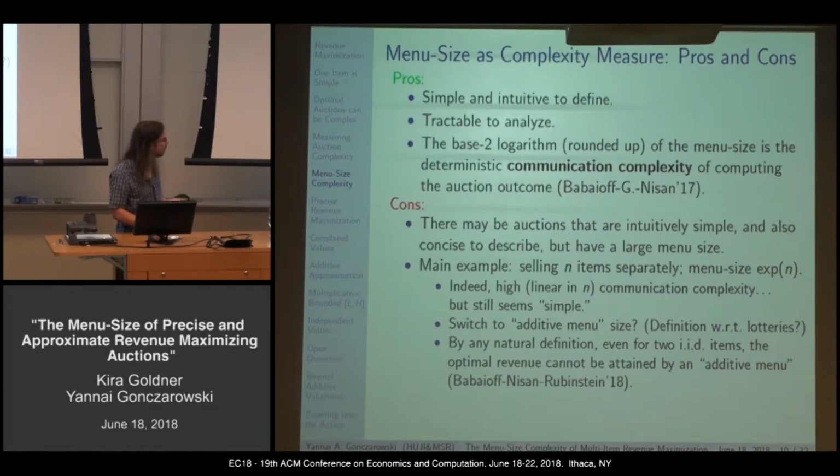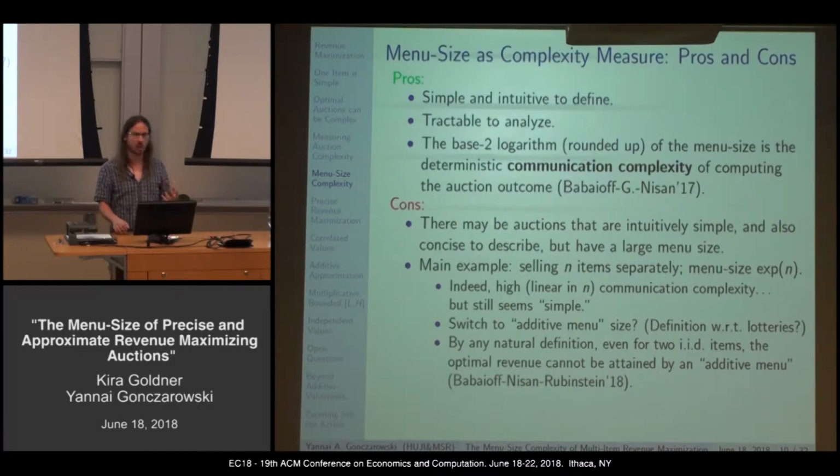these authors have thought about, even for two IID items, the optimal revenue, for example, cannot be attained by an additive menu. We said earlier that the taxation principle tells us that any truthful mechanism is equivalent to a menu, meaning that the optimal revenue is always attainable using a menu. This is no longer true for an additive menu. There are distributions, even two-item IID distributions, where an additive menu would not give you the optimal achievable revenue.